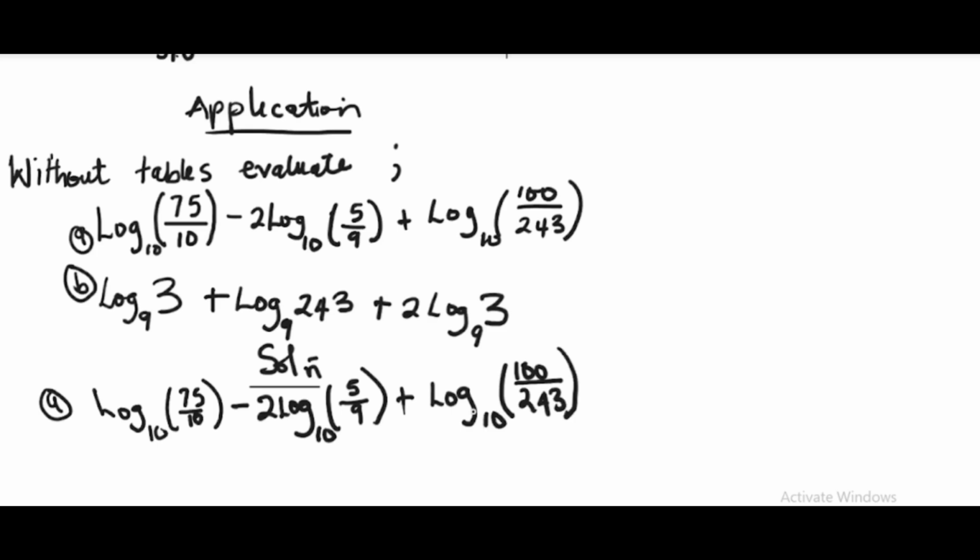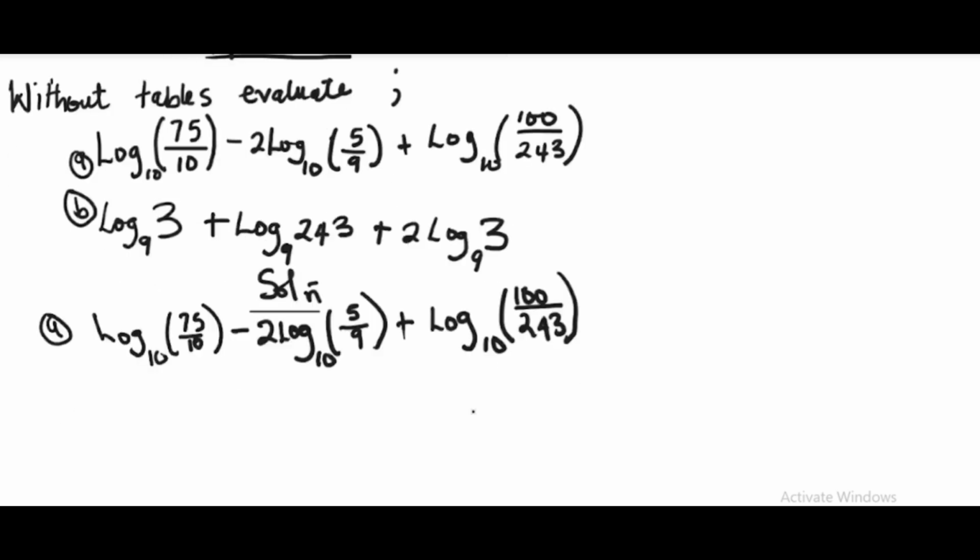So you will see that for me to be able to apply this law of logarithm in solving these questions, they are all in the same base. If they are not in the same base, you cannot apply the laws. It's just like saying, can I add x and y together? Of course, they are not from the same kindred.